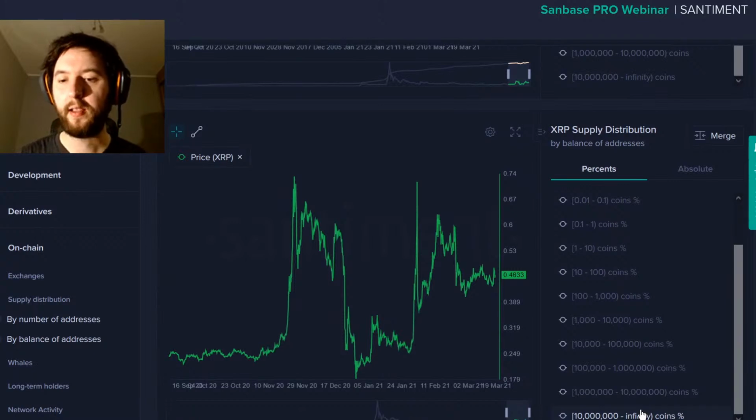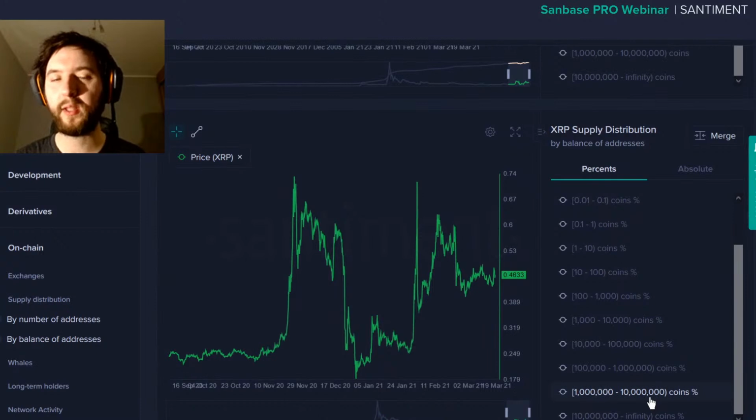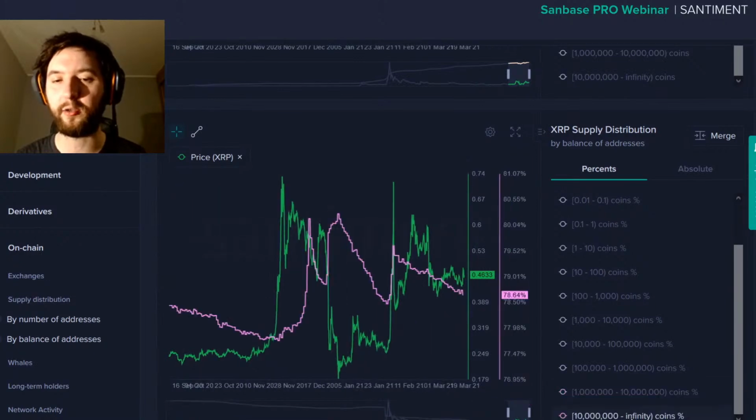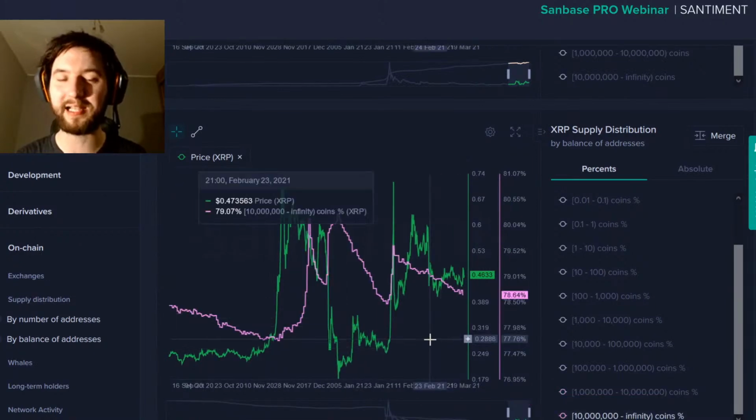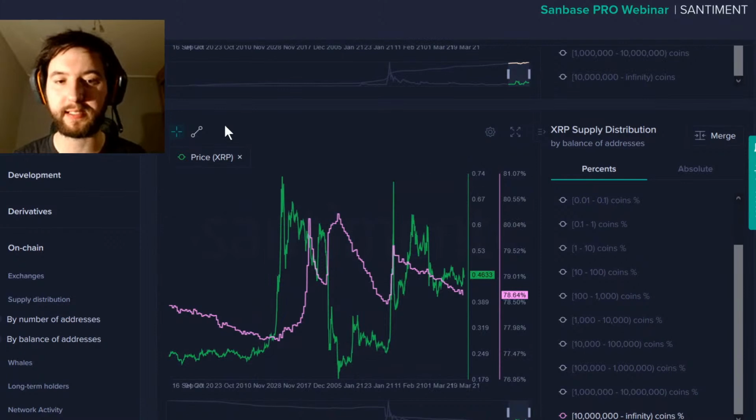This is why usually, when you see spikes in the biggest or the two biggest groups of holders, it can usually point not to an accumulation by whales, but rather a spike in exchange holdings, and therefore a rising sell side pressure for a coin. So for example, this is XRP, right?